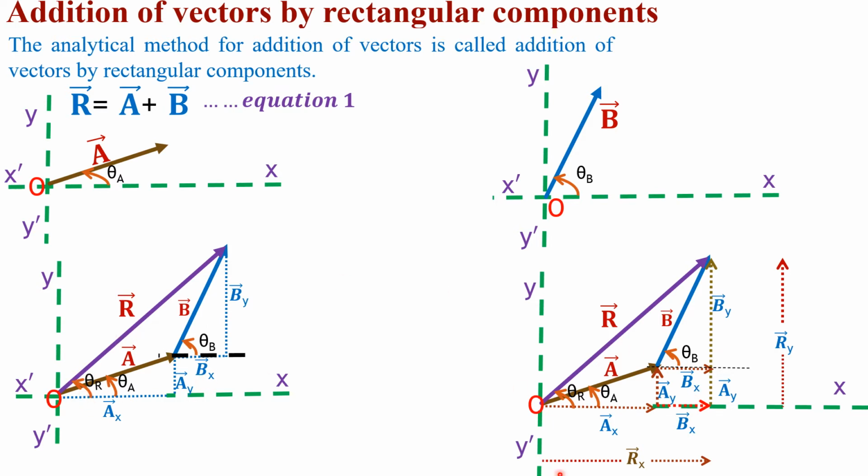We can divide the resultant vector R into its two components rx and ry. From the figure you can see that ax plus bx gives us rx and ay plus by gives us ry. So we can write rx is equals to ax plus bx and ry is equals to ay plus by.